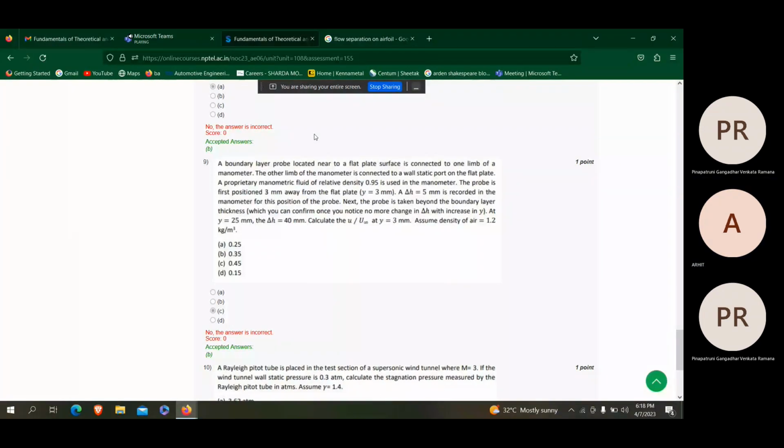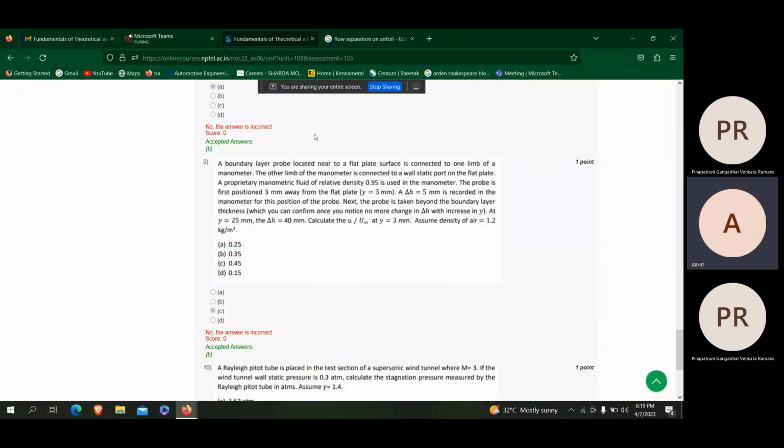The probe is first positioned 3 mm away from the flat plate, y equals 3 mm. A delta H equal to 5 mm is recorded on the manometer for this position of the probe.